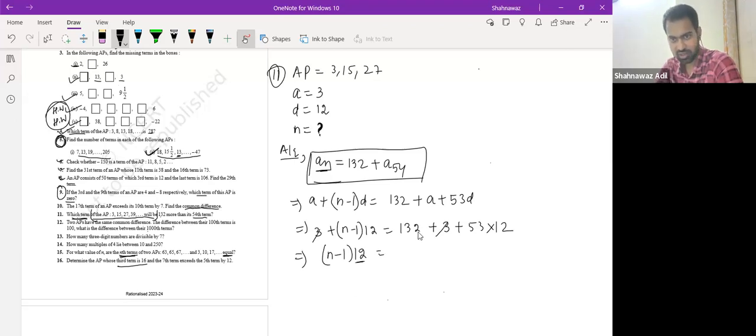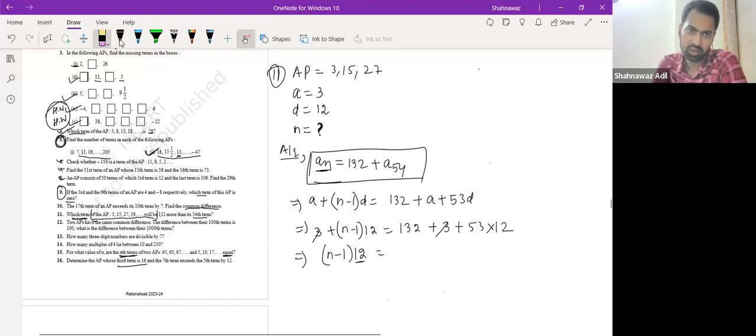So can we write this 132, or let me not complicate this. This is a heavy multiplication, so let us try, this 132 we can write as 12 into 11. Let me simplify these things, not complicate.